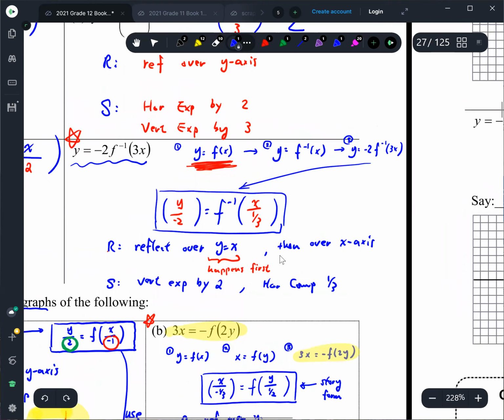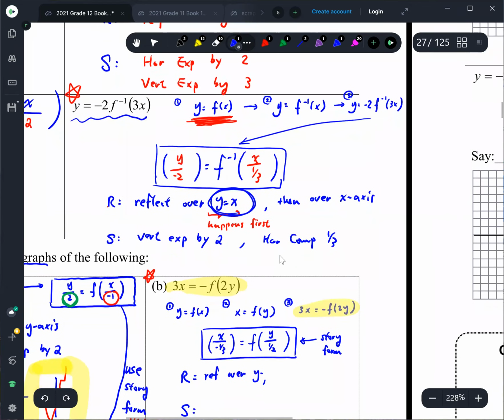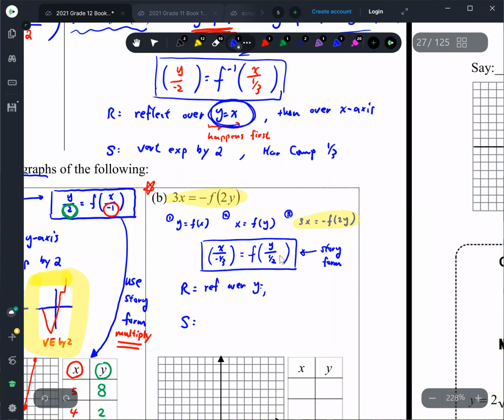The line y equals x. Did you write that down? Okay, that will happen first. And then everything else applies to the inverse one. So reflect over y equals x, and then over the y axis. Because everything is happening to the inverse graph.